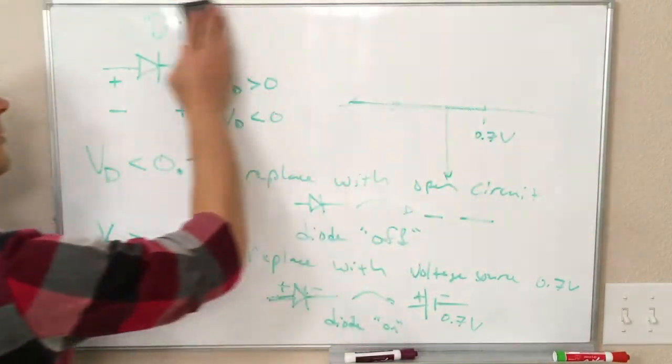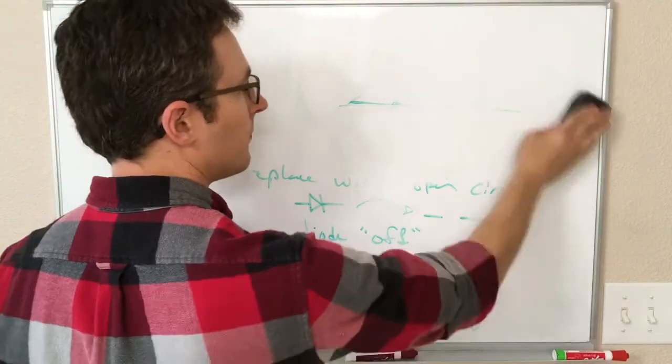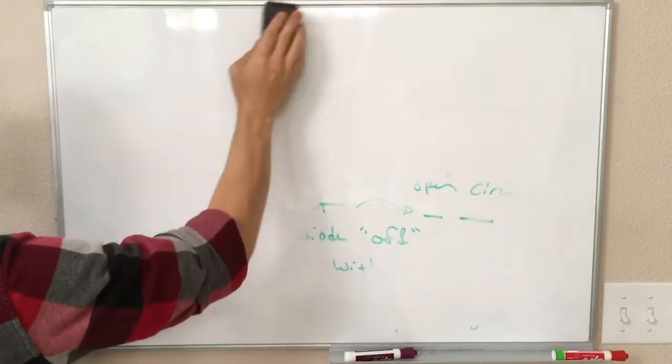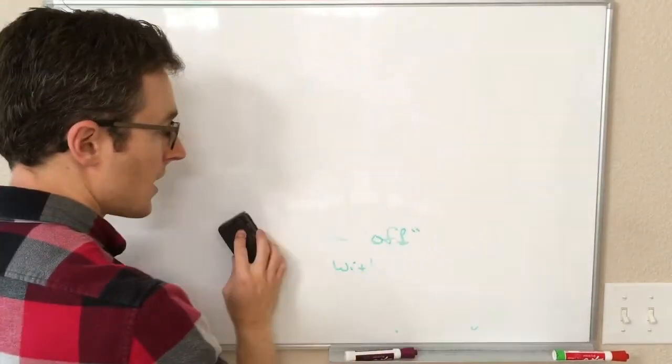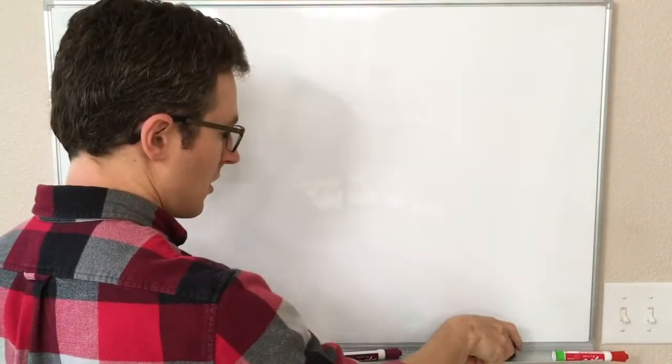So let's do a couple real simple diode circuit examples to see what's going on. While I'm erasing, remember that if you're not told anything about a diode in a circuit, you should assume that it is a silicon diode and that turn-on voltage would be 0.7 volts.